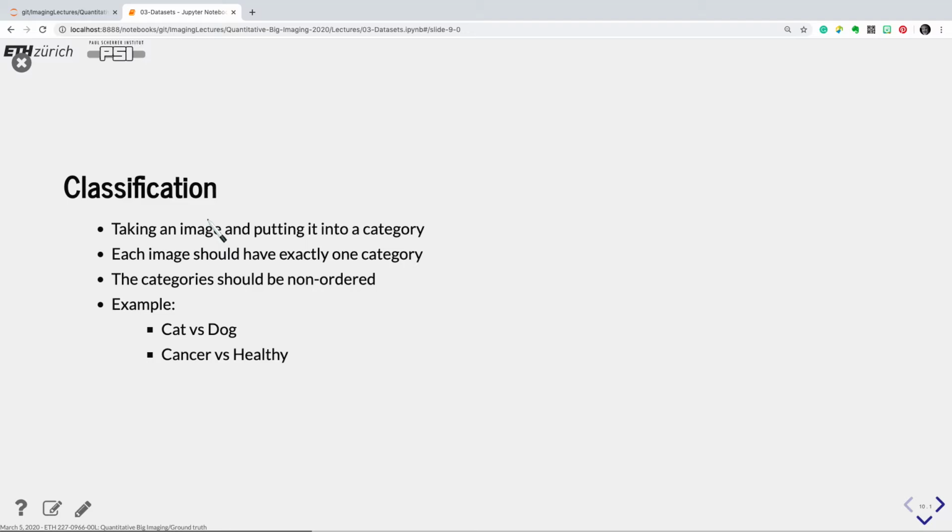As soon as you have two categories for one image, you start getting into ambiguous cases. Then the algorithm can't tell where to put it, or it should put it in both, I don't know. The categories should also be non-ordered, so there's no priority among them. So these are the things you can think about for classification.